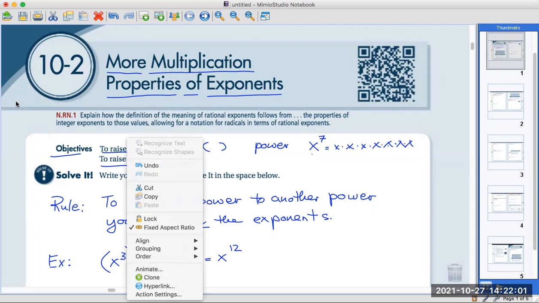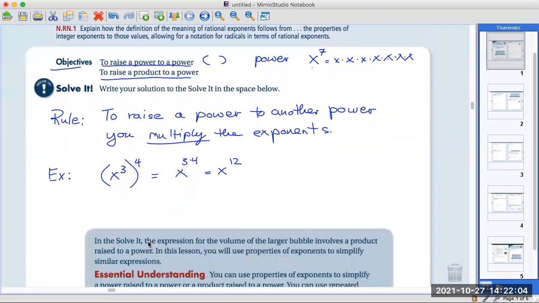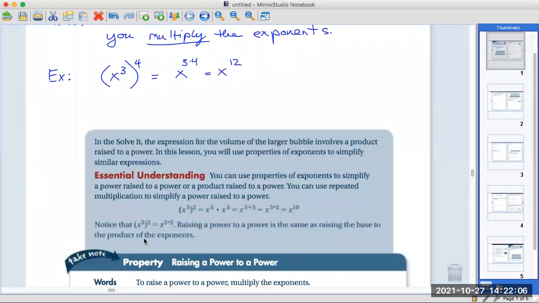And here on the bottom of the page, there's an explanation why that works. It's called repeated multiplication. Okay, well, what is it showing here? So you have x to the power of 5, and all of that is squared.